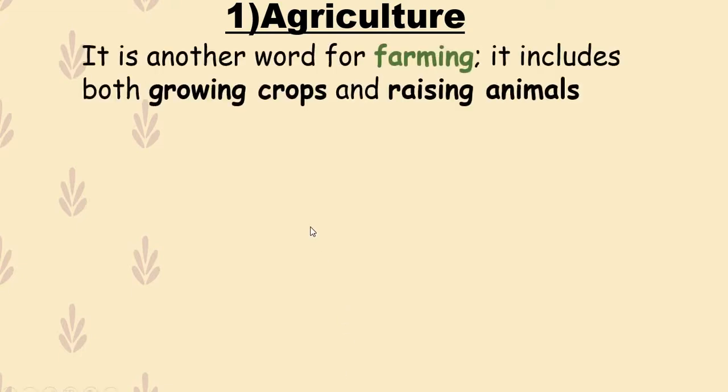Okay, we have ways that we can get materials to make objects from. Number one, from agriculture. What is the meaning of agriculture? Agriculture means farming. Agriculture is another word for farming, and it includes both growing crops and raising animals. So agriculture means to grow crops and raise animals.